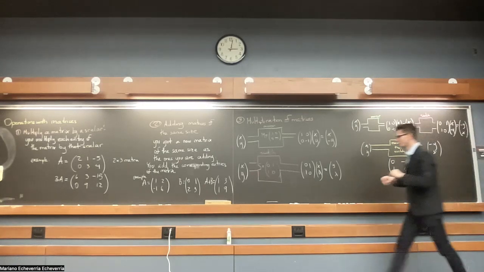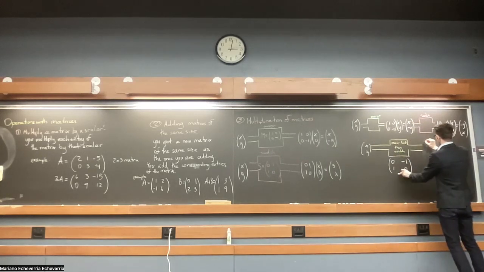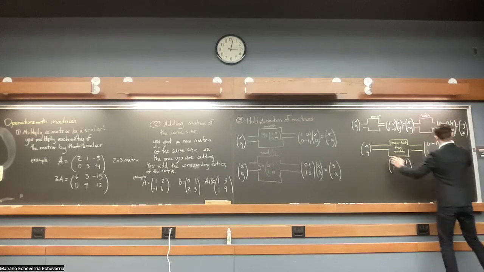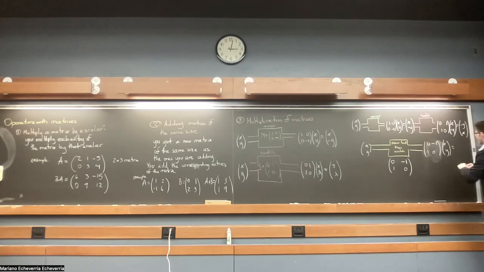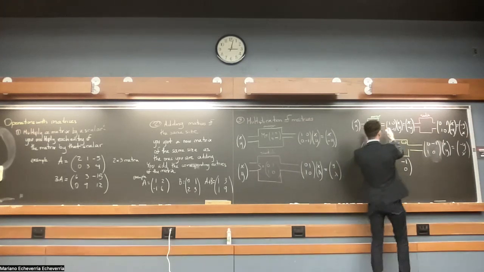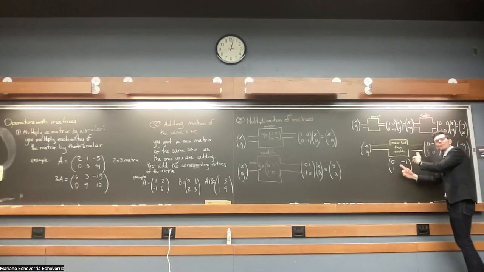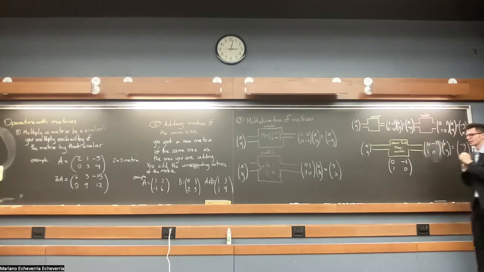What I'm trying to say is that if you do this matrix times the vector x, y, you're getting negative y. Remember, the multiplication was like doing the dot product. The dot product between these two vectors gives you negative y, and this one gives you x. So doing this matrix and then this second matrix can be described by just one matrix, which is this one.